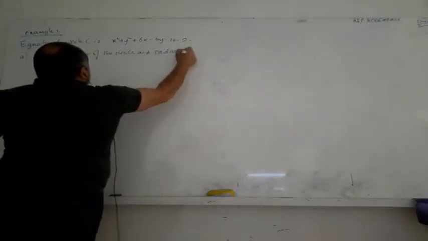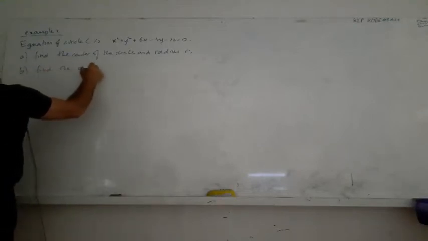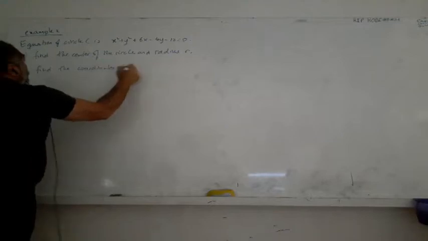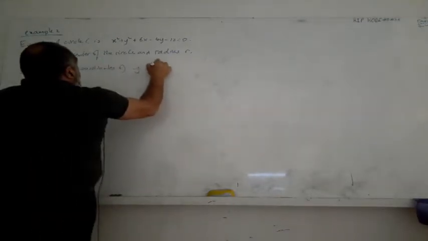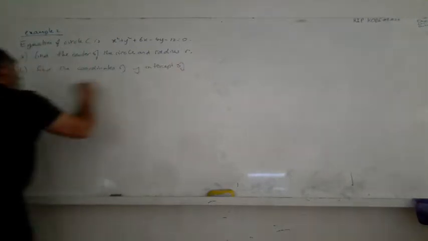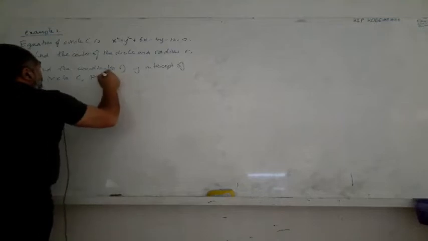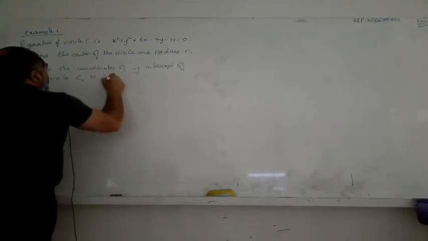B. Find the coordinates of y-intercept of circle C. The point is P with coordinates (a, 0, b), where b is greater than 0.